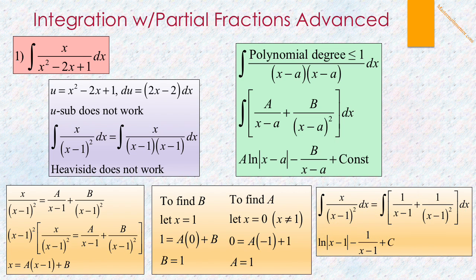So the integral of x over x minus 1 quantity squared dx can be written as the integral of 1 over x minus 1 plus 1 over x minus 1 squared dx. And as we've said, the first integral will simply be a natural log, and the second will use the power rule. Final answer is natural log absolute value of x minus 1 minus 1 over x minus 1 plus C.